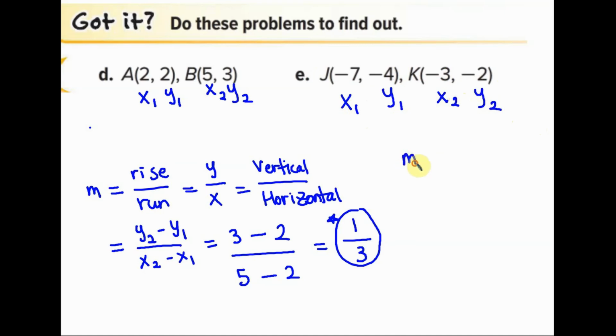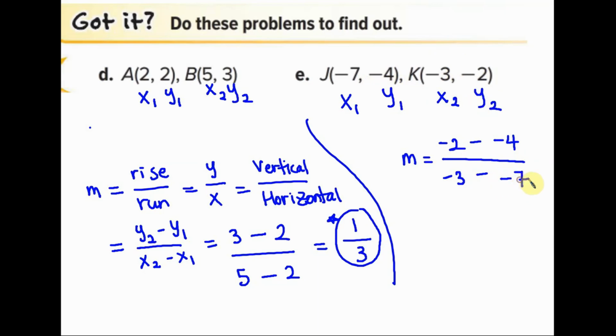So this time, m becomes, let me draw the line on here, m becomes your y2 to begin with. The y2 is -2 minus, you are having another negative with the -4, over, x2 is -3, and then minus, your x1 is another negative.